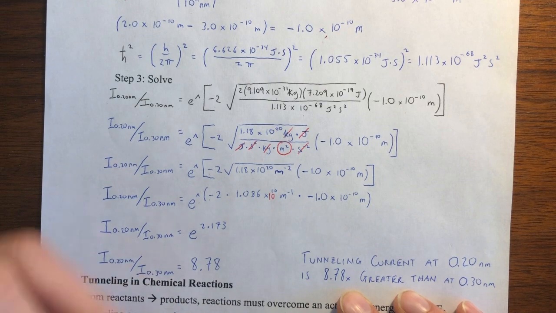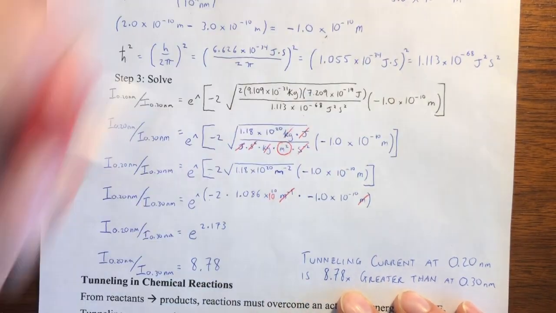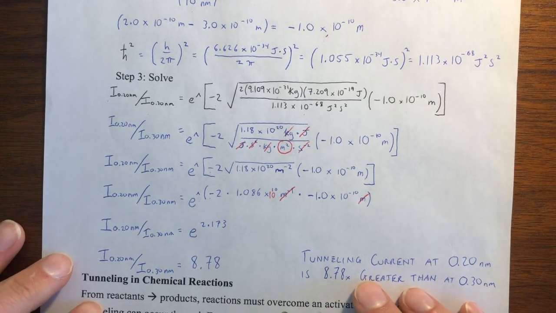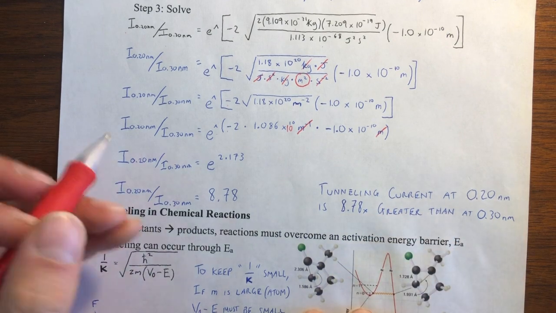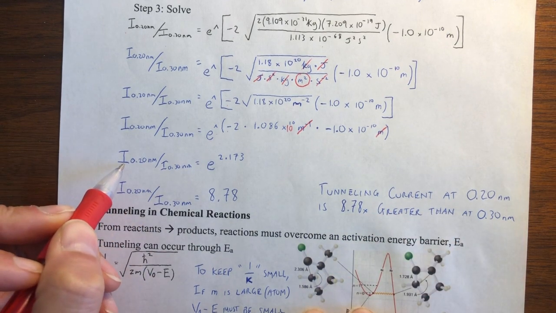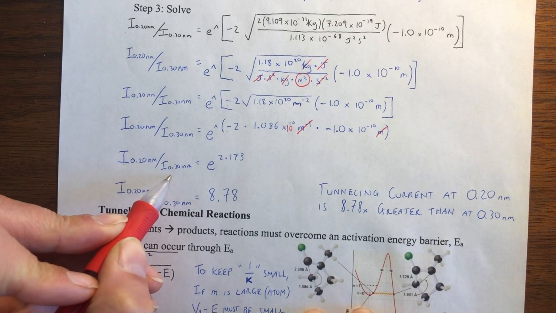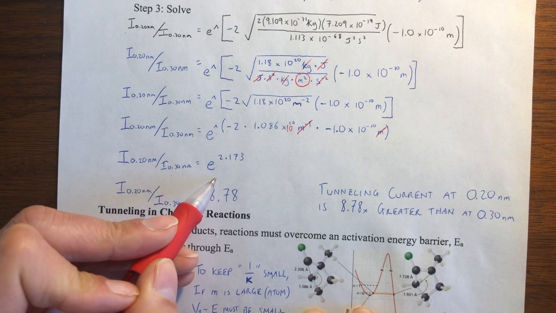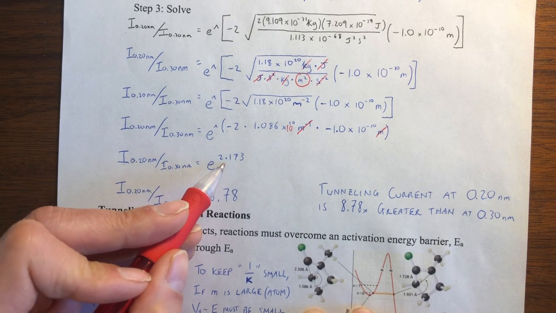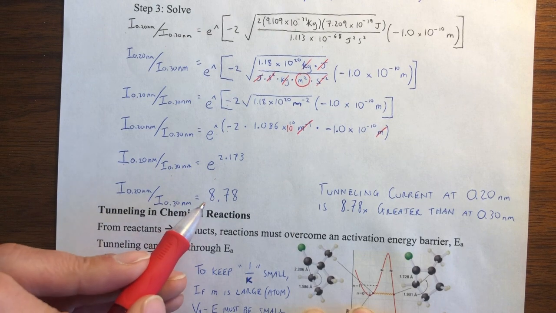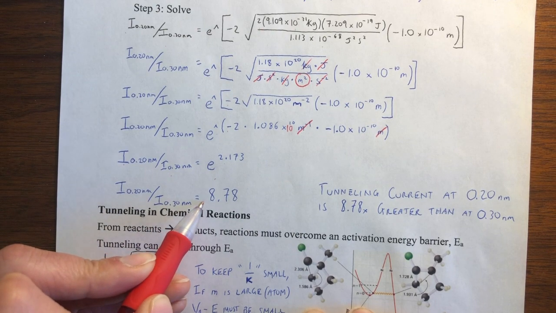Inverse meters times meters cancel, and we are left with a unitless value. So our ratio of current at 0.2 to our current at 0.3 nanometers is just going to be equal to e raised to the unitless 2.173, which ends up being equal to 8.78.